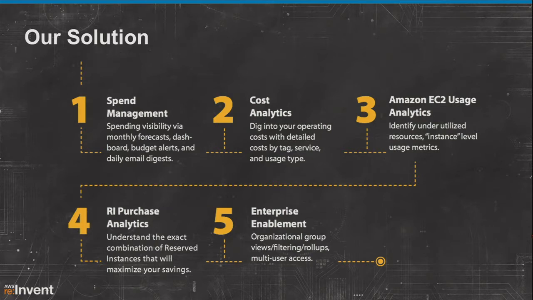To understand why costs may be going up or down, trending information becomes really helpful, and that's where our usage analytics come into play, where a lot of organizations will look for underutilized instances, instances that may be over-provisioned for the work that they're doing.